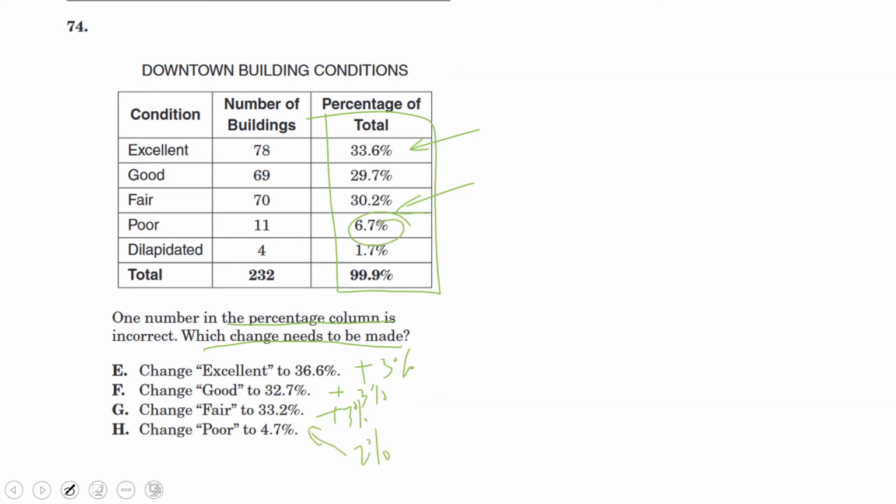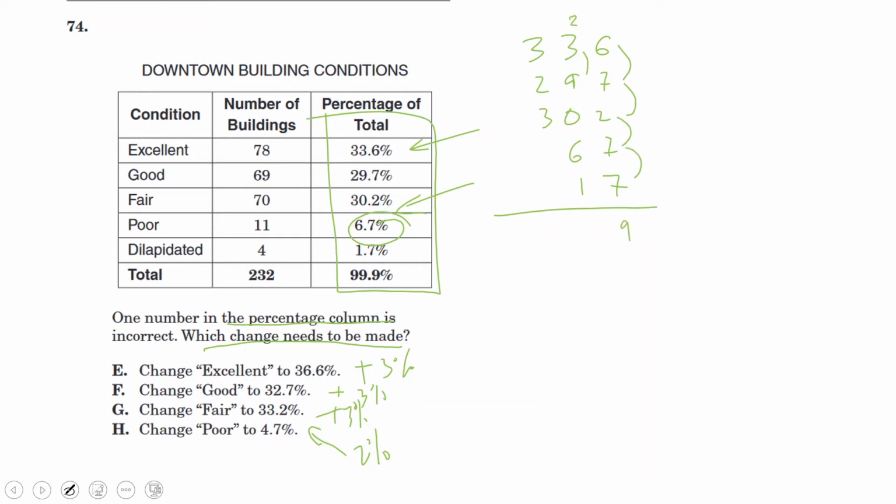So let's add up the percentages first and see how this will turn out. So I'll just do 33, 336, 297. Then I'll add the points later. 302, 6717. It must match 99.9. So this is 13, 15, 15, 22, 29. So 9 and 2 in here.